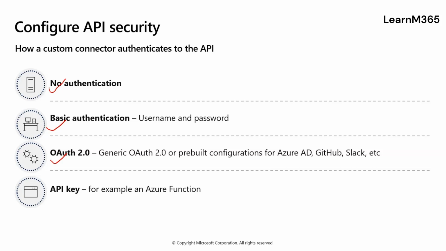And the last option, API key. An API key is a token that a client provides when making an API call. The API publisher typically provides the key, and it must be included in each request for the custom connector. So these are the options for authenticating your API.